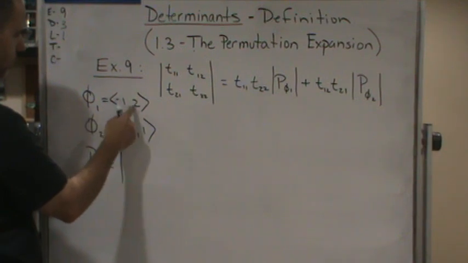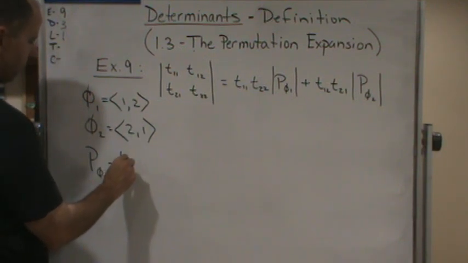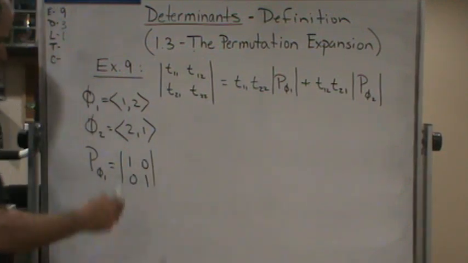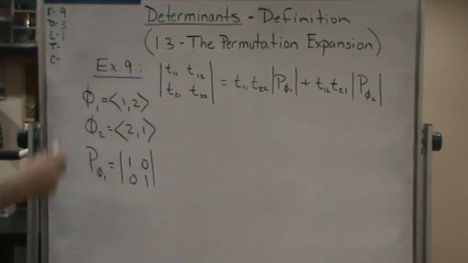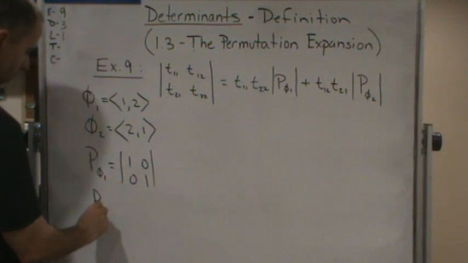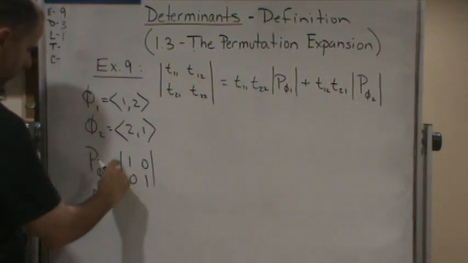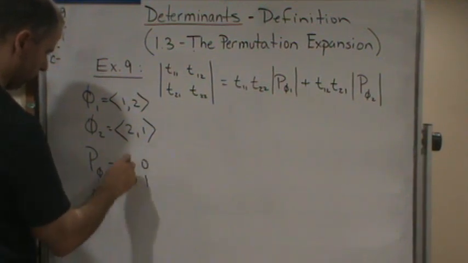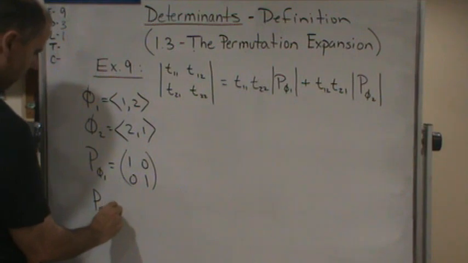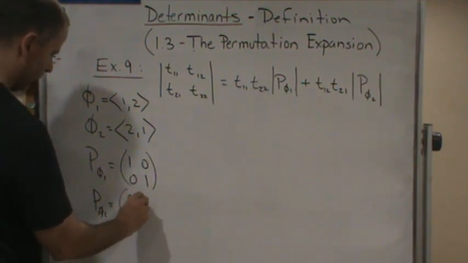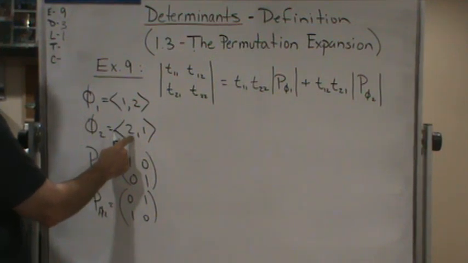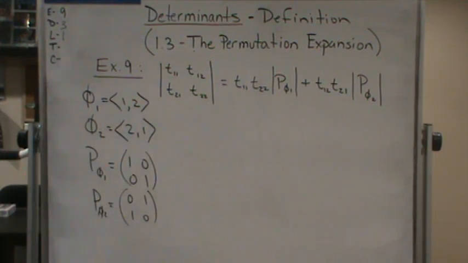Everything's getting mapped to where it is, so it's going to be 1, 0, 0, 1. The permutation matrix for phi 2 is 0, 1, 1, 0, because 1 goes to 2, and 2 goes to 1.